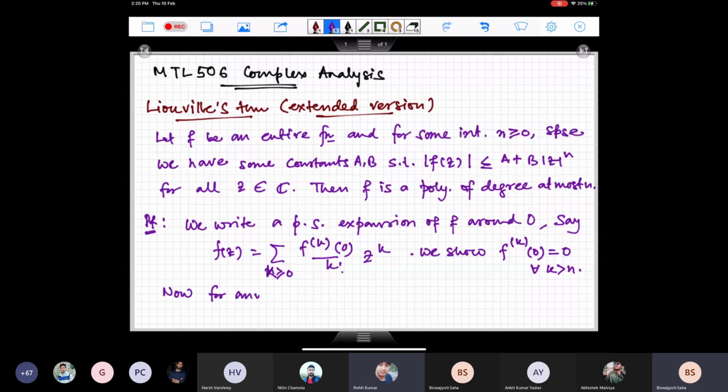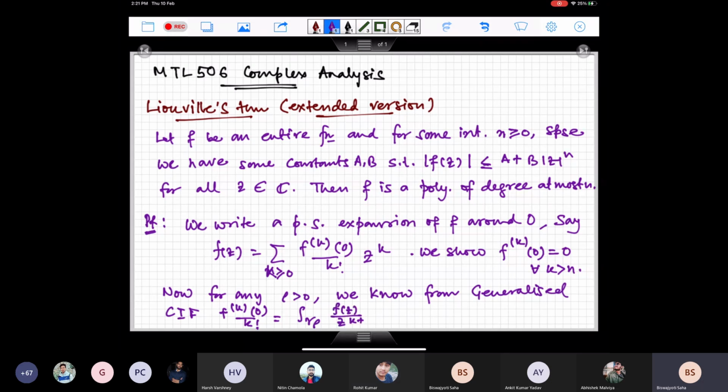For any rho positive, we know from the generalized Cauchy integral formula that the kth derivative of f at 0 divided by k factorial was nothing but the integral over gamma rho of f of z divided by z to the power k plus 1.